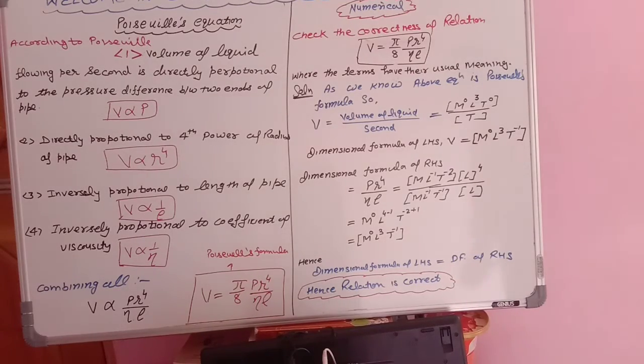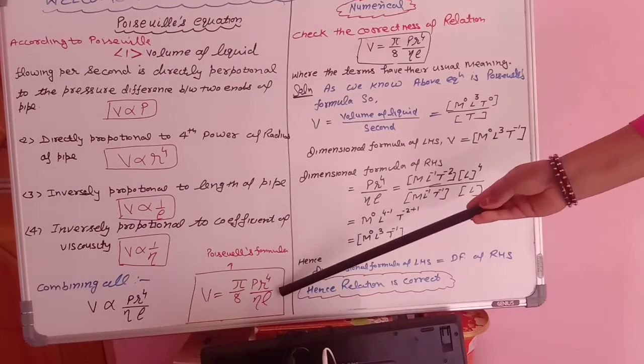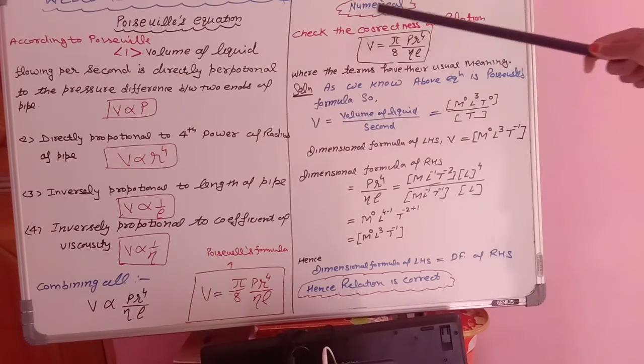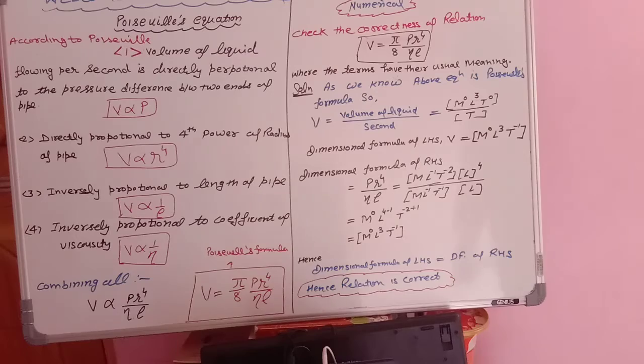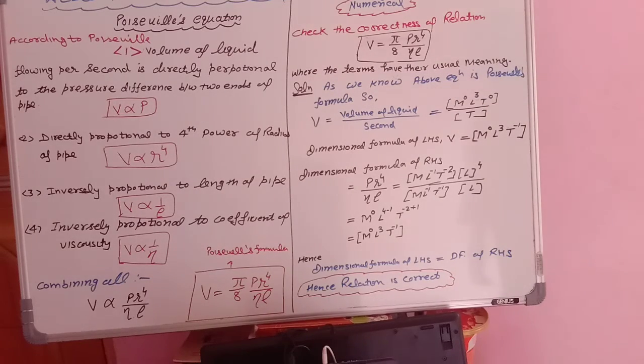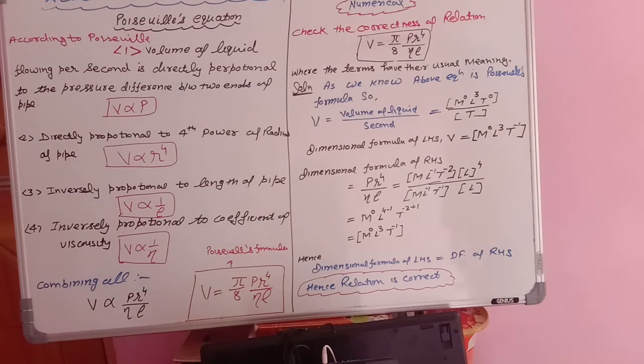Which relation? Poiseuille's formula only, which you have written here. Everything is given here, it is exactly the same. And at last they have written where the terms have their usual meaning, nothing new we are changing in it.